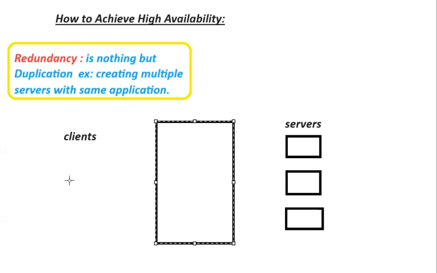Clients also send requests using a laptop, or you can say a system. Let me draw this as well. So there is a common distributor present in between my clients and servers, which can distribute the traffic between my clients and my servers based on the traffic and based on a certain method.